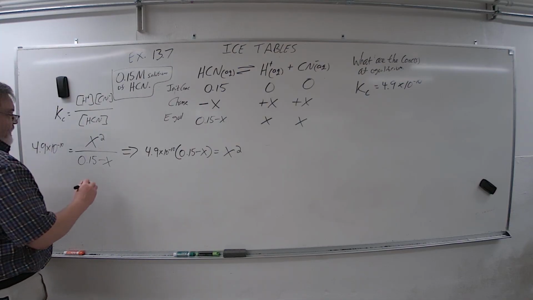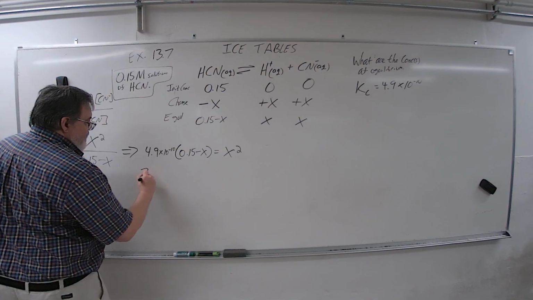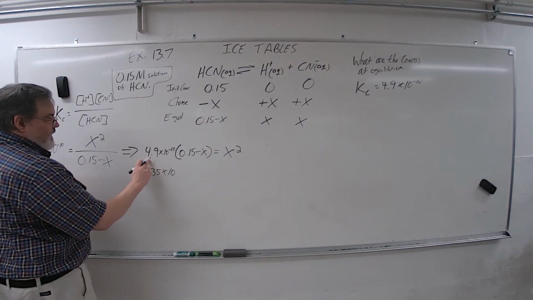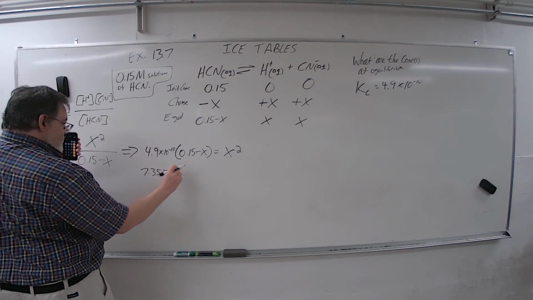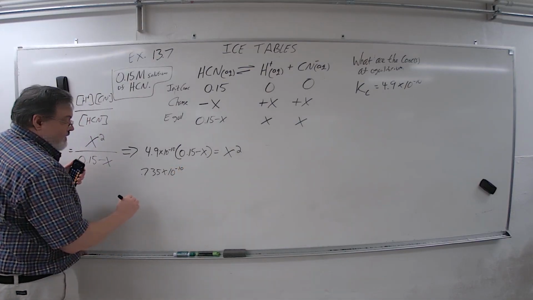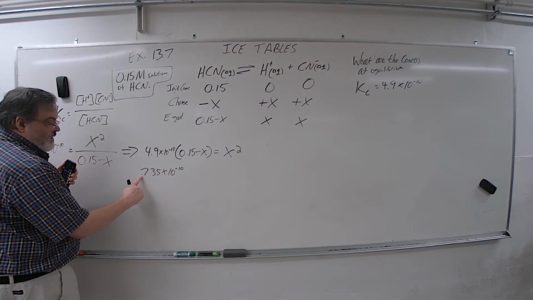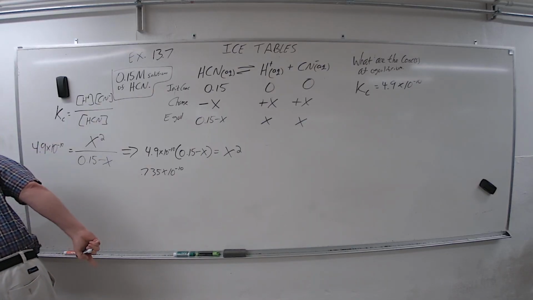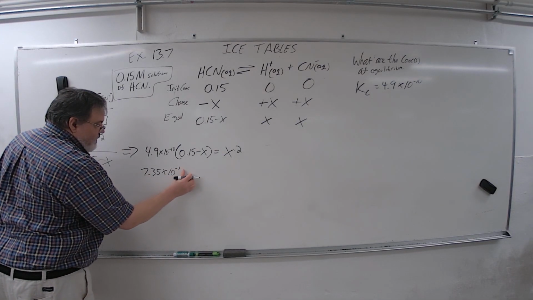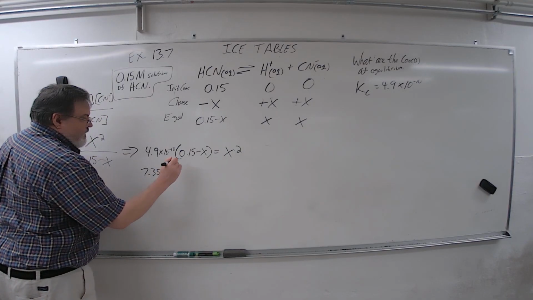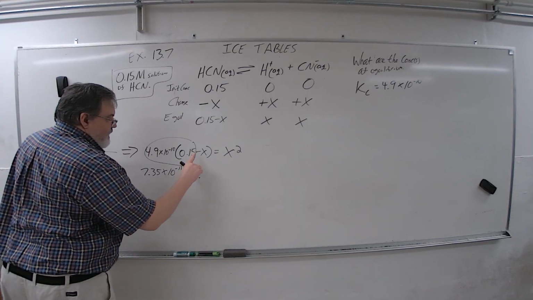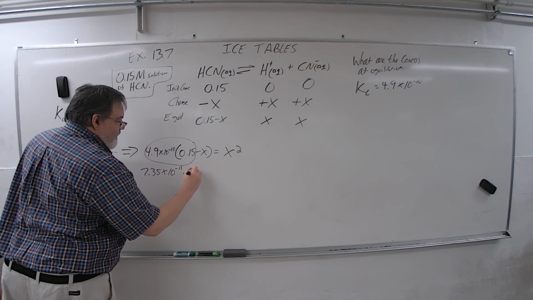Yeah, 7.35. Okay. So that's going to be 0.735 times 10 to the negative 10. So these two times each other is this, and then there's a negative sign there, so it's negative.